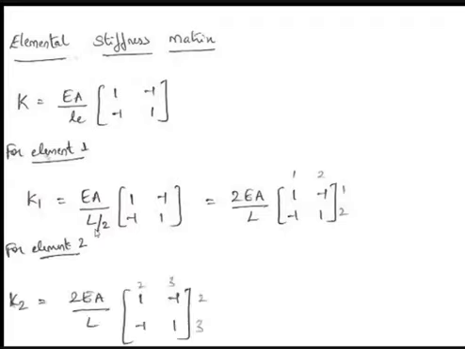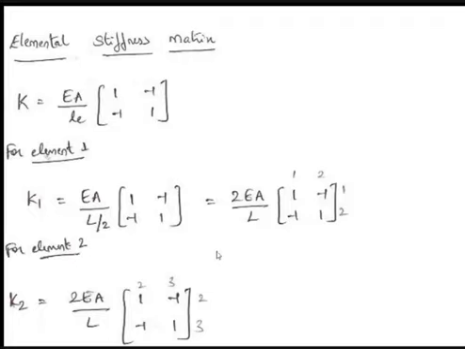So this will be 2EA by L times [1 -1; -1 1]. If you observe, the second element is associated with nodes 2 and 3. So it becomes 2 3 2 3. Now I have got stiffness matrix for element 1 and element 2.